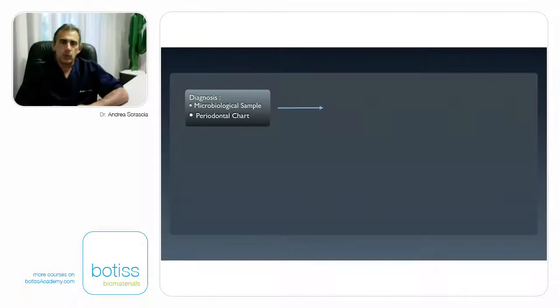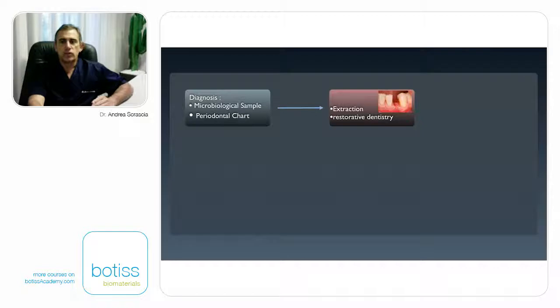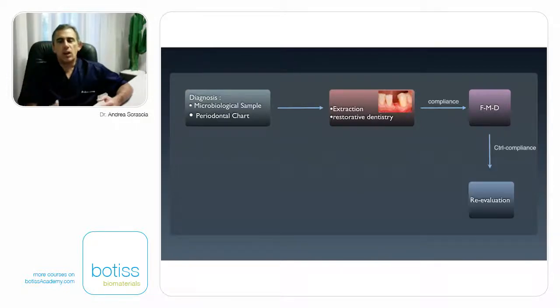Then, when we have to treat a patient with periodontitis with implants, this has to be executed with a periodontal chart and eventually using microbiological samples that can be useful to determine the bacterial type, and executing restorative therapy and eventual extractions, and periodontal treatment alongside patient compliance.